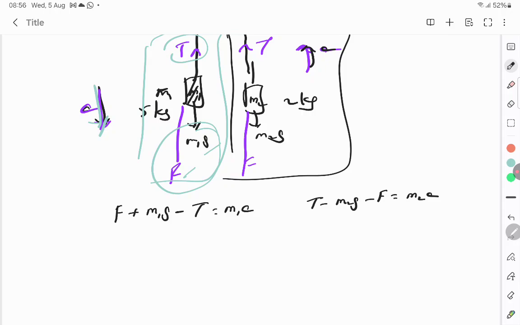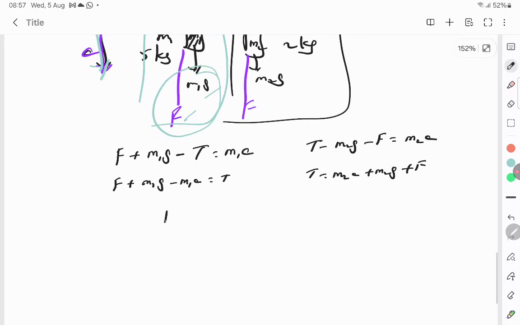So with this we can equate both the tensions. It's F plus M1 into G minus M1 into A is equal to tension, and T is M2 into A plus M2 into G plus F is this tension. Equating both the tensions, F plus M1G minus M1A is equal to M2A plus M2G plus F, and so F and F just gets eliminated.